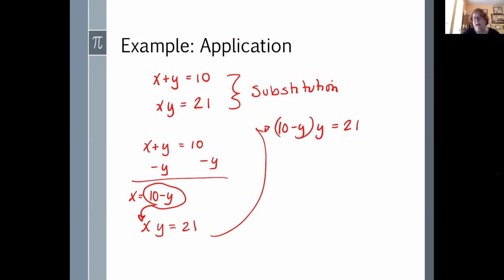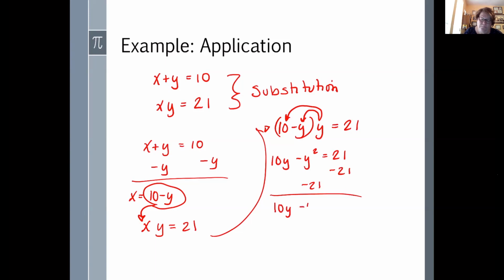Anytime I have an equation that contains parentheses and I want to solve it, I need to remove the parentheses. So I'm going to do that by distributing the y across. And it looks quadratic to me. So if it were me, I would probably subtract the 21 from both sides and rewrite it.